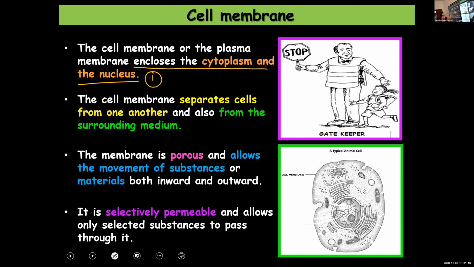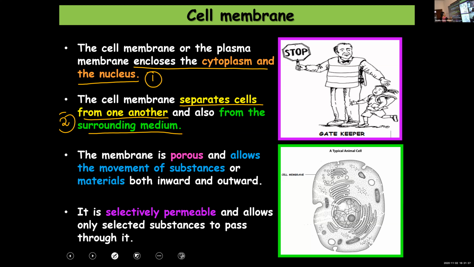Now point number 2. The cell membrane will separate the cells from one another and also from the surrounding medium. It is because of this boundary, that is cell membrane, that the cells can be differentiated from one another and also from the surrounding medium. One cell you can distinguish from the other cell because of this membrane.